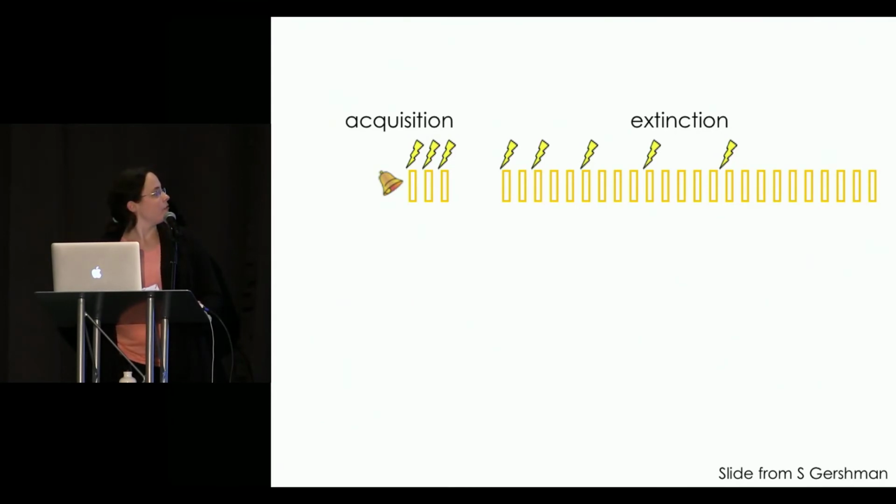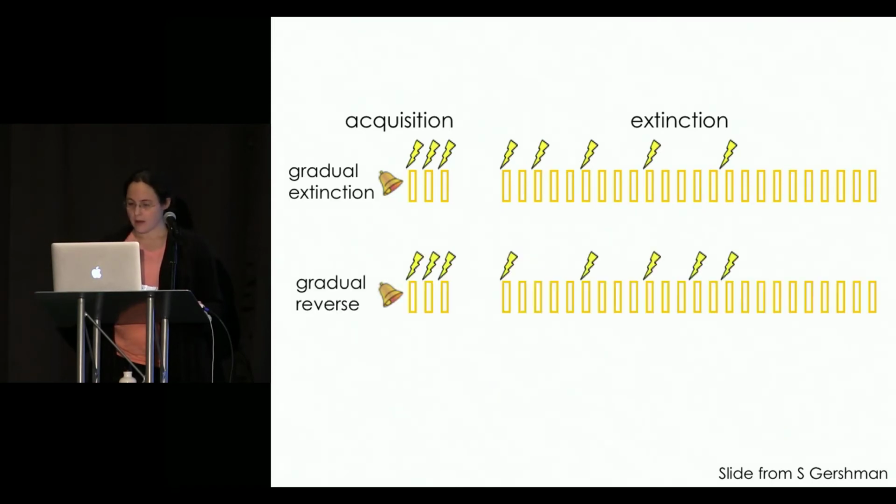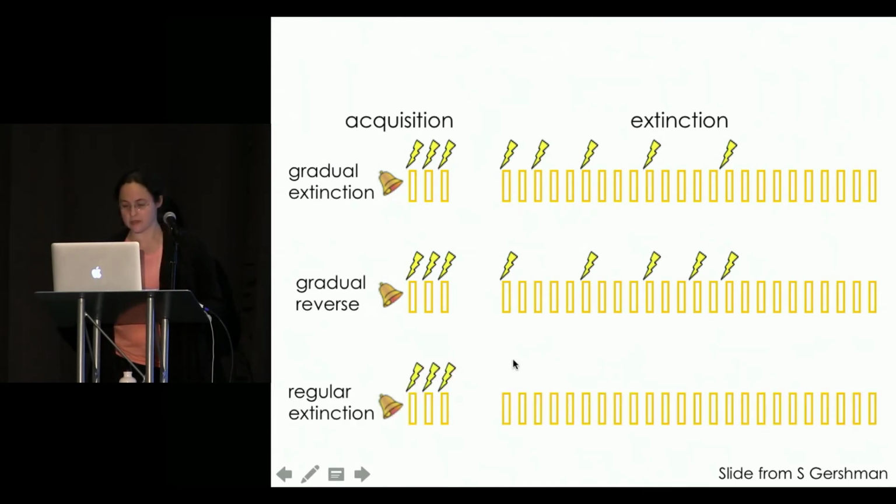So the tone will still cause shocks at the beginning, but less and less frequently over time, with the idea that if the change is slower, then the animal might not recognize this as a different latent cause. For comparison, there was a gradual reverse condition where the number of shocks was still the same, but the order was reversed, and regular extinction, which is just going straight from shocks to no shocks.